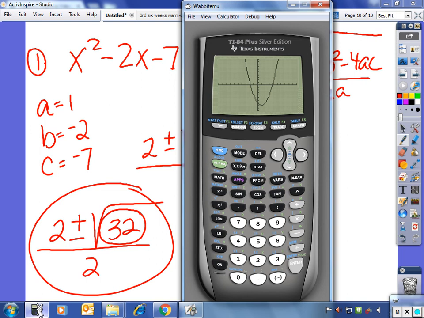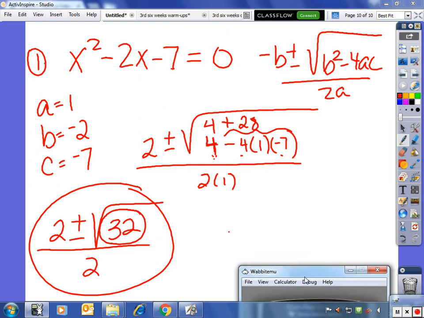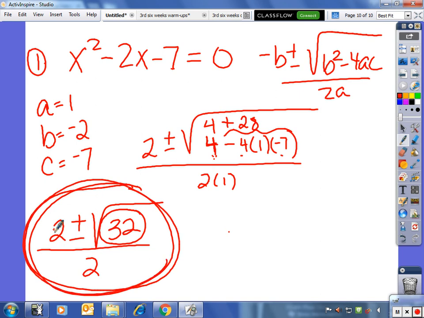No, they're going to be somewhere around 4-ish and somewhere around -2-ish. But you couldn't give me an estimate unless I gave you a calculator. So in that problem, we're done. This is your set of 2 answers. You can stop right there. Are you good with that?